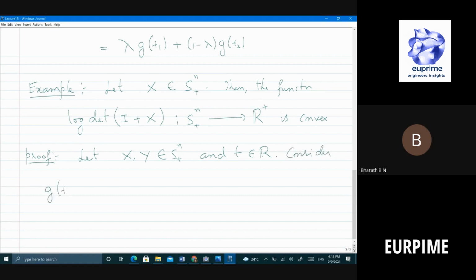What is g of t? This is log of det of identity plus x plus ty. Fine. Now I want to prove that for a fixed x, y, this as a function of t is convex. That's all I have to prove. So let's see how to prove this.